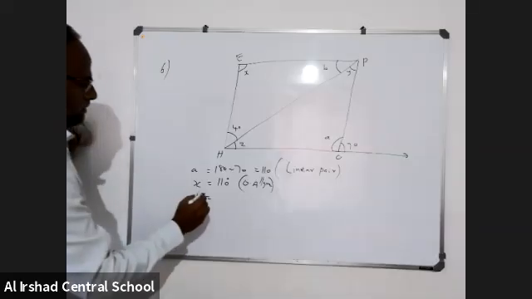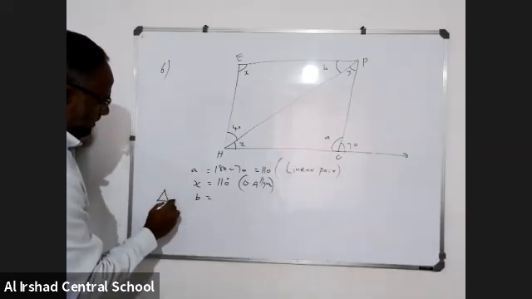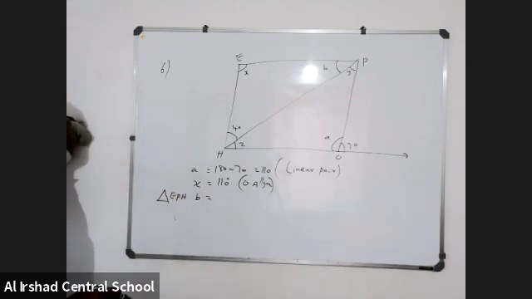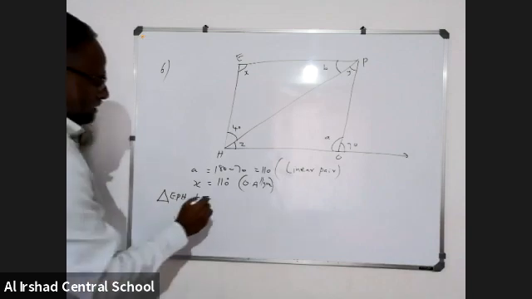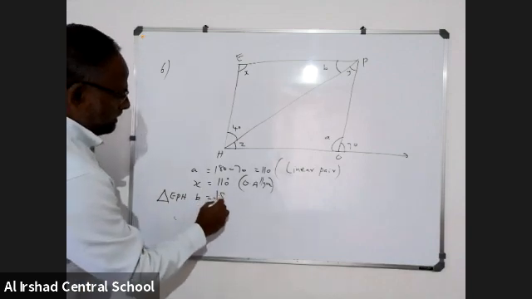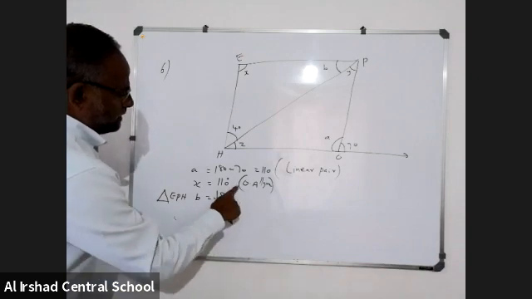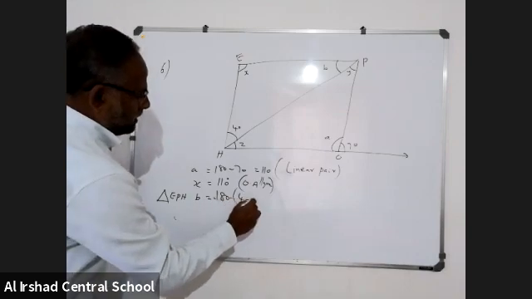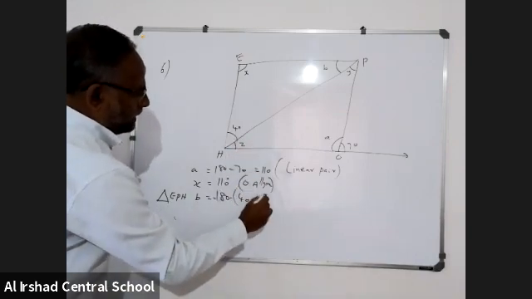Angle B is equal to, from triangle EPH, B plus 40 plus 110, because this is 40, this is 110.